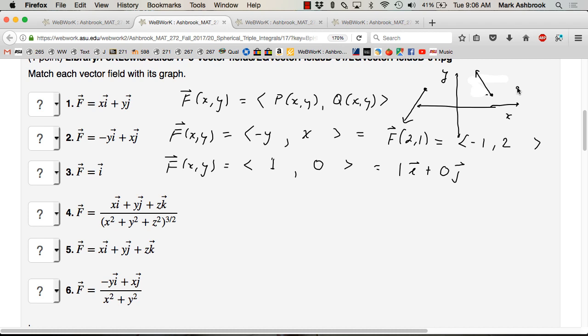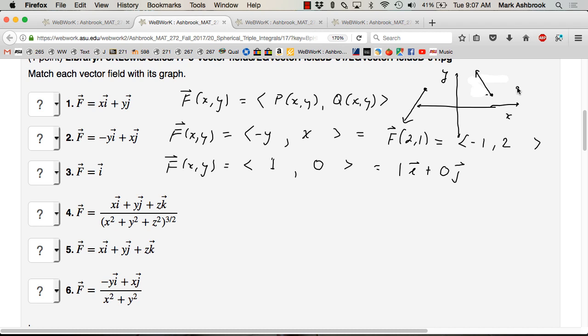So what's going to be the overall effect of this one? The further out away from the origin I am, the larger the magnitude of my vectors, right? Because bigger coordinates mean larger vectors, since they're just based on x and y. So as I get further out, I'm going to have larger vectors.